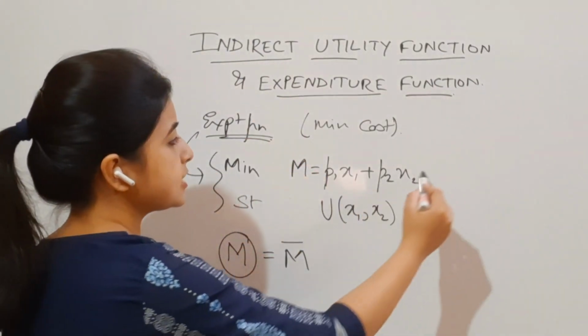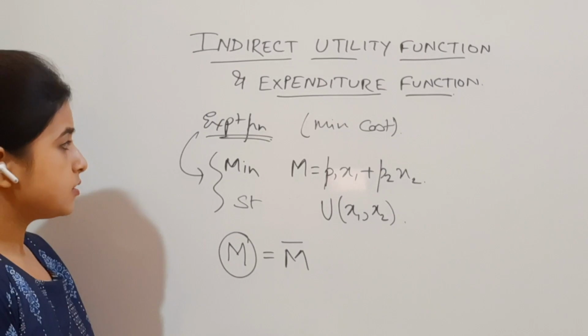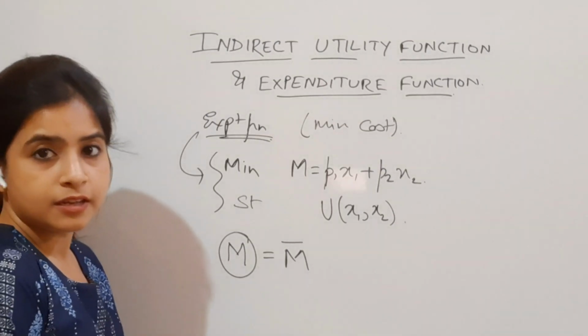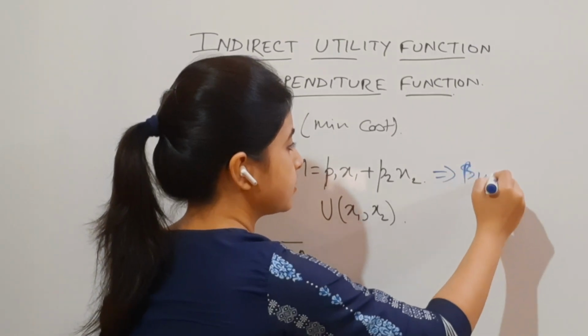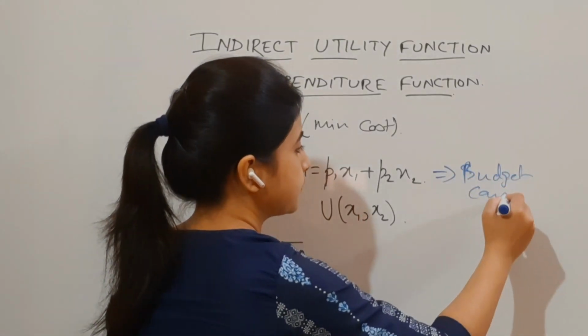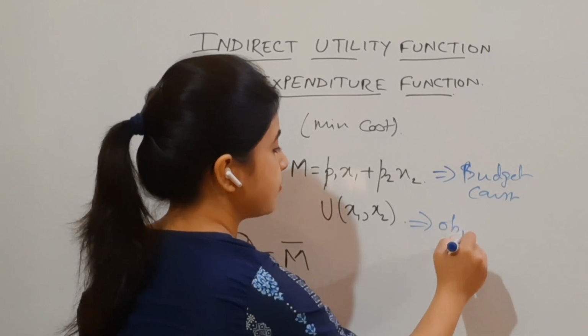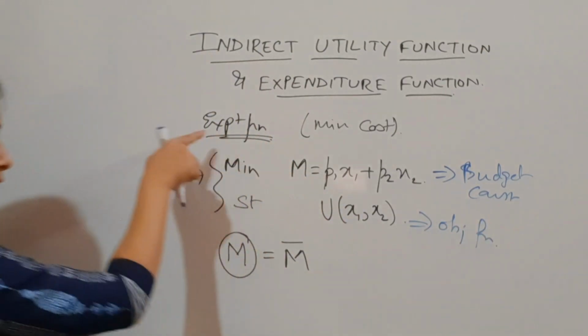In the previous situation this was the budget constraint, and that was the objective function, and here it is just the opposite.